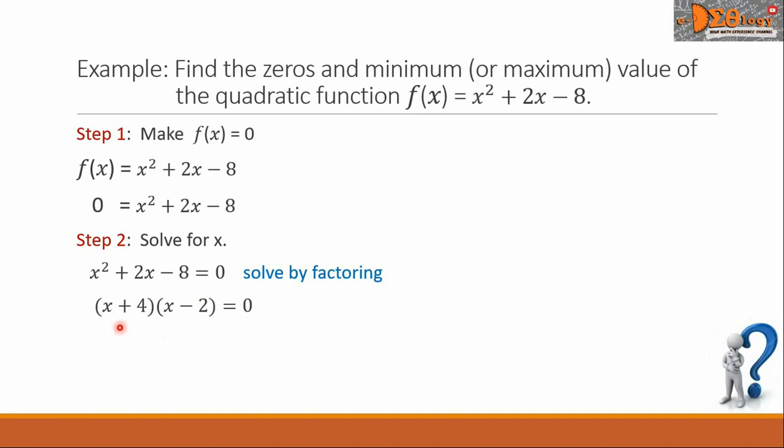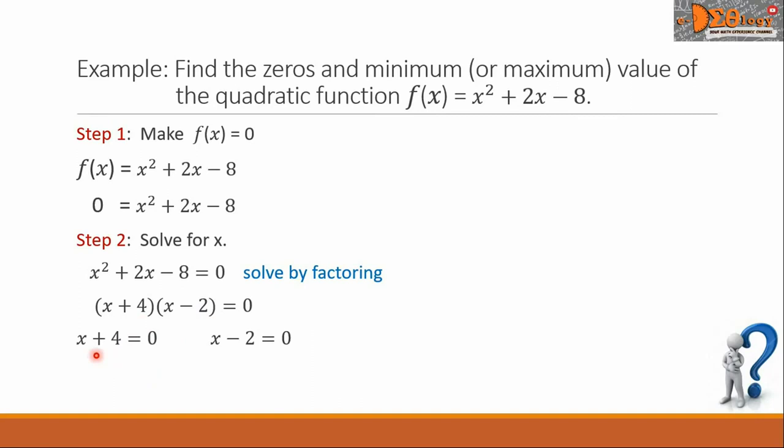And then for each factor here, we will equate to 0. So we have this x plus 4 equals 0. Also this x minus 2 equals 0. And we will solve for x in both equations.